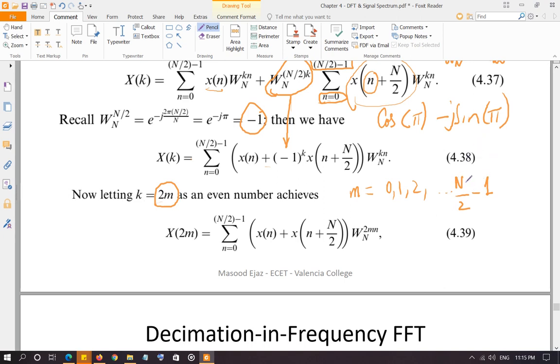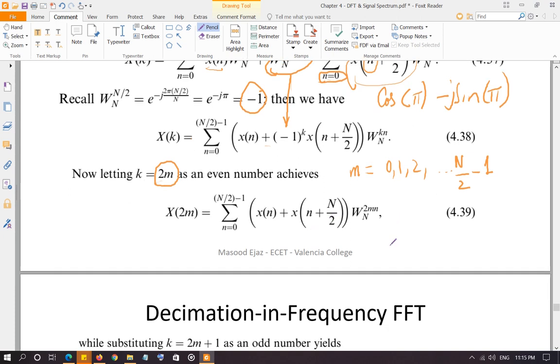So let's say it's 16, so 16 by 2, 8, 8 minus 1, 7. So you put m equal to 7, that's going to be the 14th, right? So these will be all even number components. Let me just make sure, yeah, m goes to N by 2 minus 1, yeah. Okay.